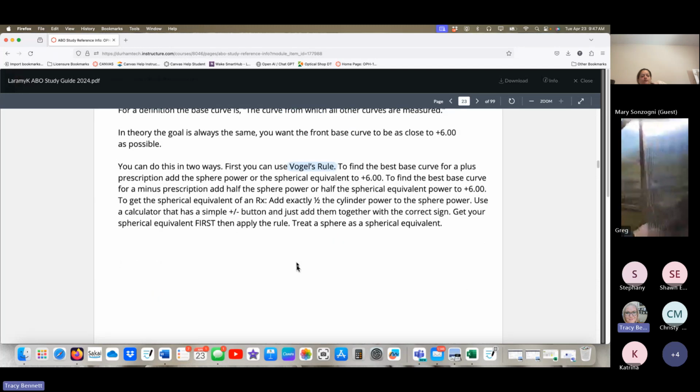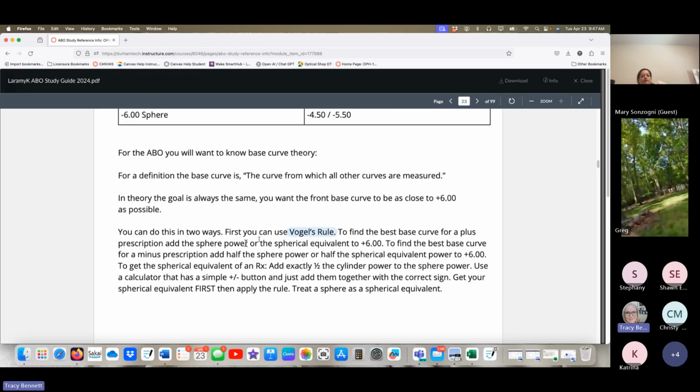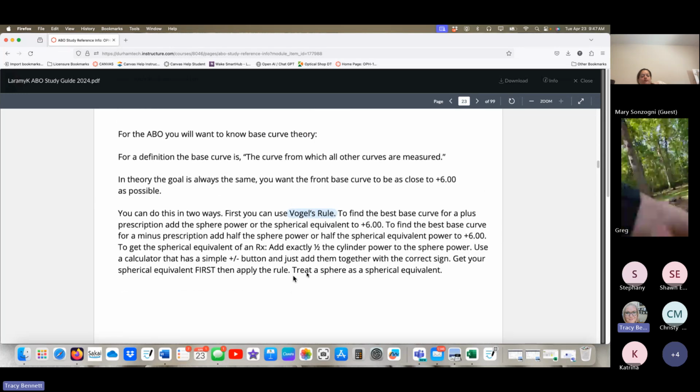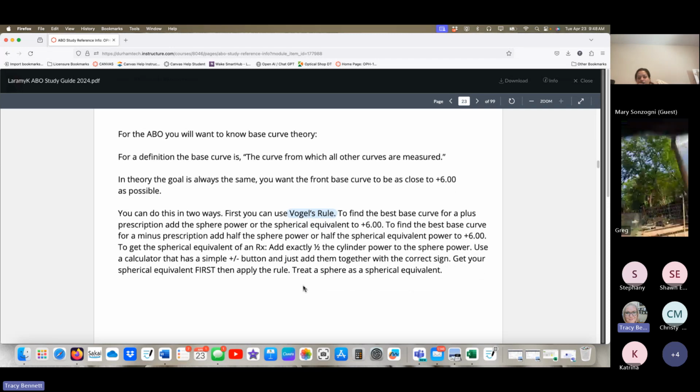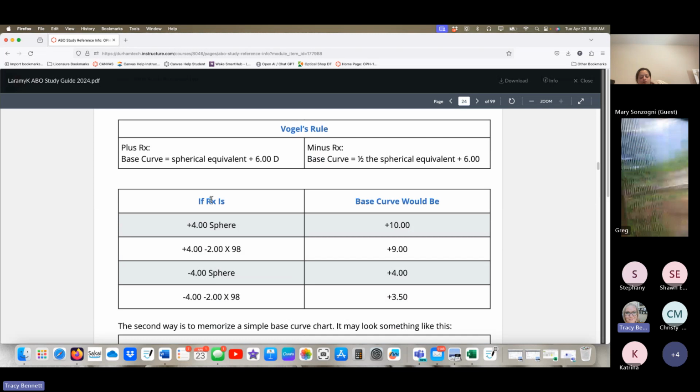But here's him talking about it. Vogel's rule, that's in lab, so we'll go over that one in lab. But just using that formula to figure out an approximate base curve. You've got one for plus lenses, spherical equivalent plus 6, and then another for minus lenses where you take half of the spherical equivalent plus 6.